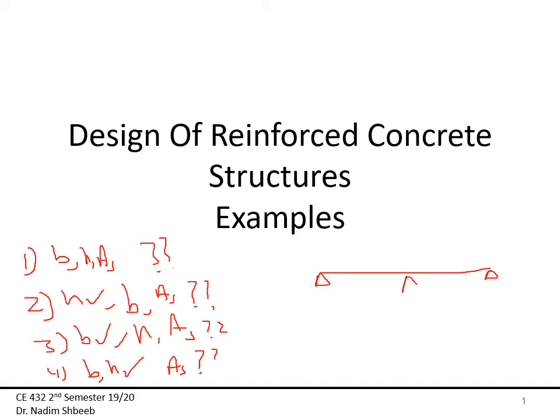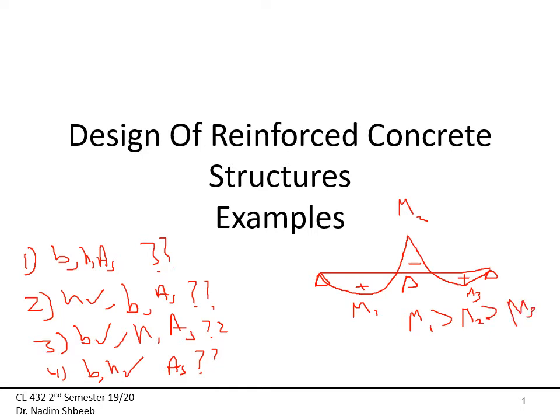So let's say I have a continuous beam like that, then my moment diagram would look something like this. Here is my positive moment, negative moment, positive moment. So let's say I have M1 here, M2, and M3, and let's assume that my M1 is larger than M2 and larger than M3.